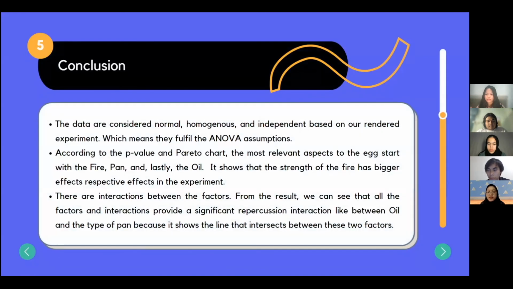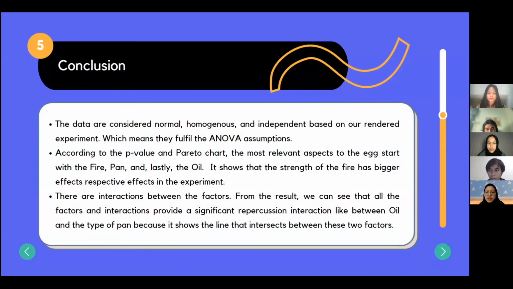From all the previous explanation, we can finally answer the problem statement, which we conclude in 3 points. First, the data are considered normal, homogeneous, and independent based on our experiment, which means they fulfill the ANOVA assumptions. Second, according to the p-value and Pareto chart, the most relevant factors start with fire, pan, and oil.